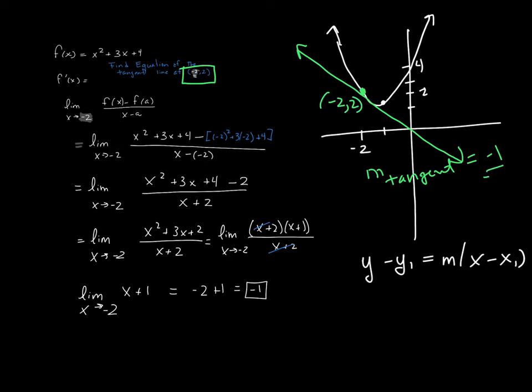We found what the slope was, so I just plug all of that in. So plugging all those values in, we get y minus 2 is equal to -1 times x minus -2, which gives us a +2.